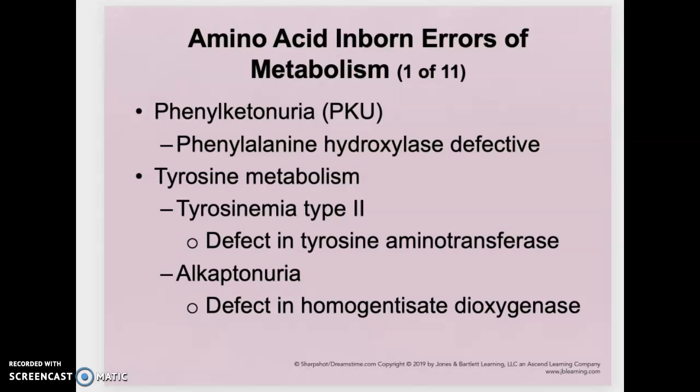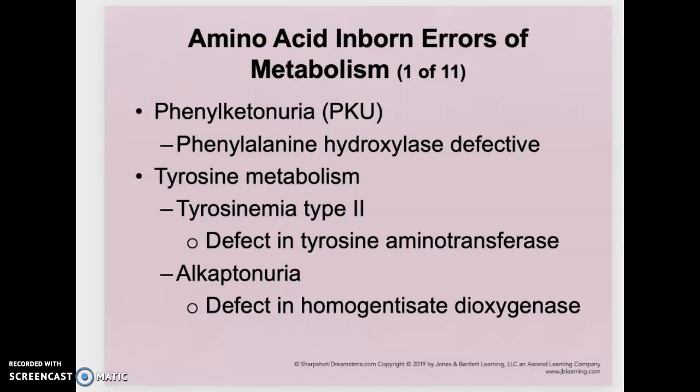So we can't talk about amino acids without talking about inborn errors of metabolism. These are important because certain people may have defects in being able to break down certain amino acids, and these can lead to diseases or conditions that may even be irreversible. PKU is one of those.